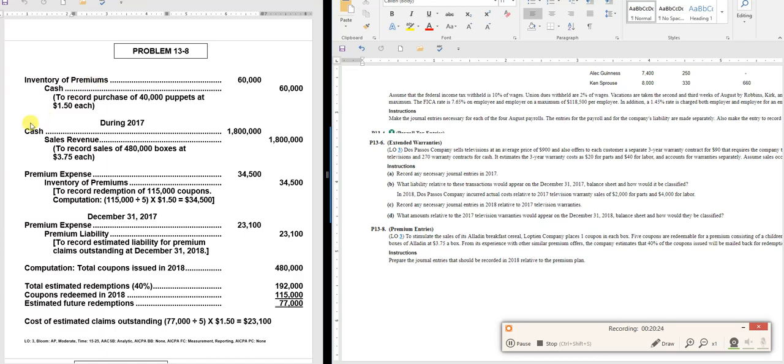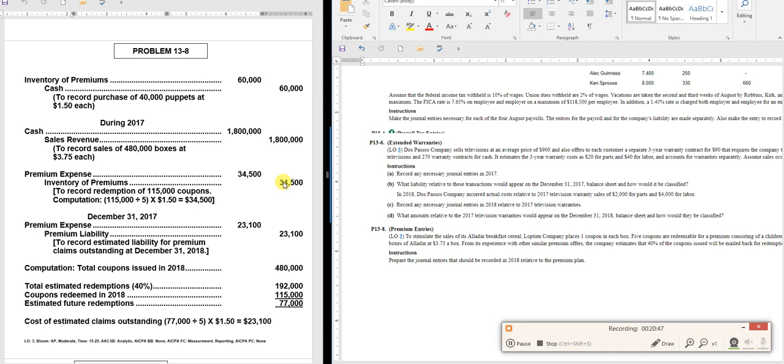I recorded the sales of my cereal, which would be recorded that way whether they had coupons or not. And now I have redemption of 115,000 coupons, but remember it takes 5 each. So I have 115,000 divided by 5, and each of these puppets cost $1.50, so I have premium expense and inventory premium.